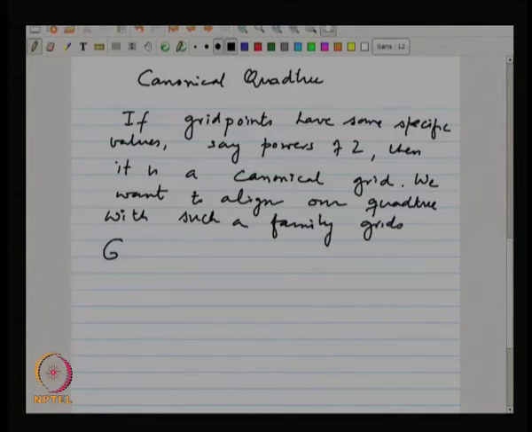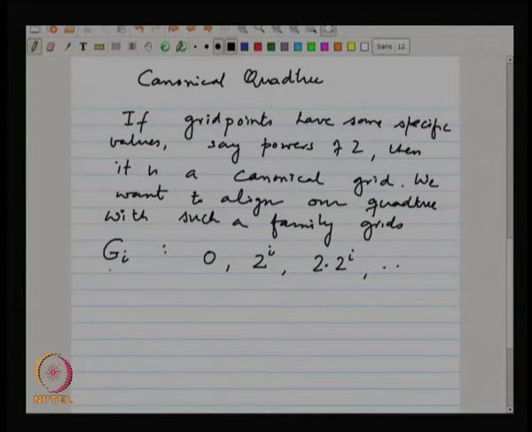So, let us say G_i is basically the set of grid points 0, 2 to the i, 2 times 2 to the i, and so on and so forth.